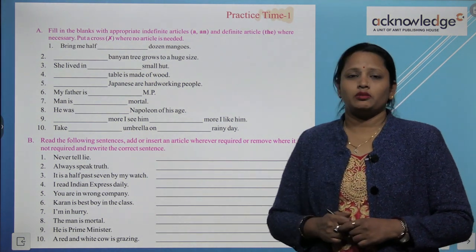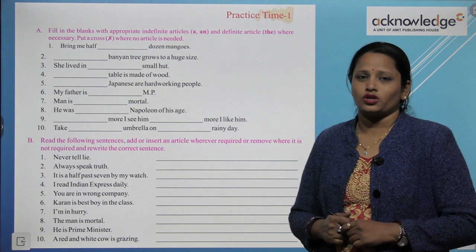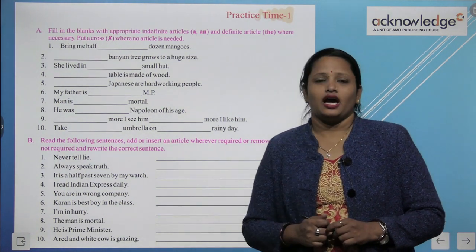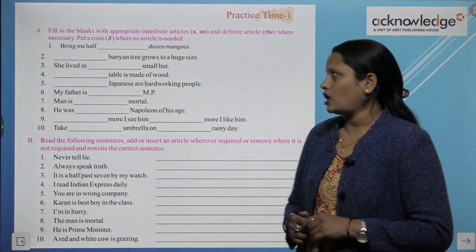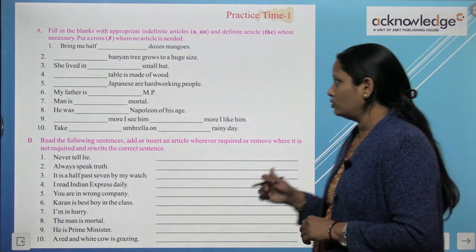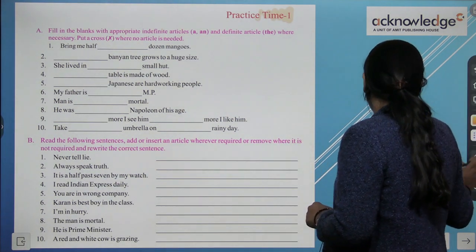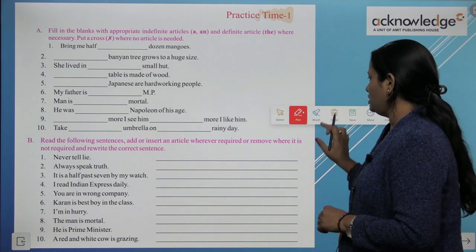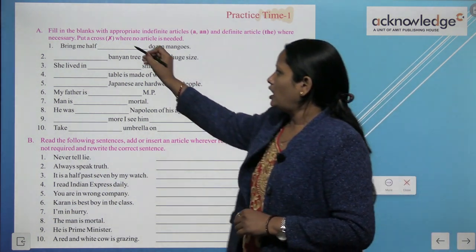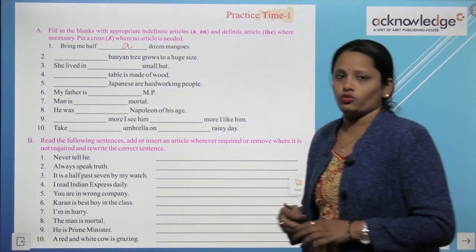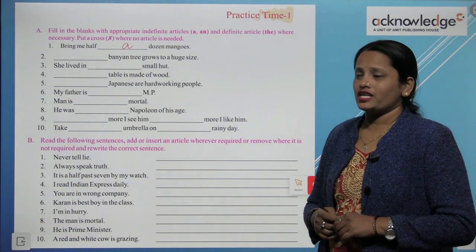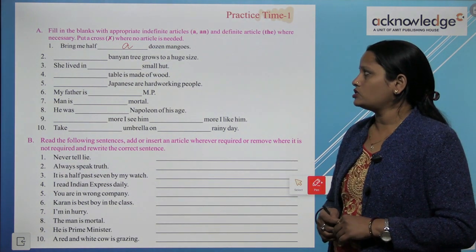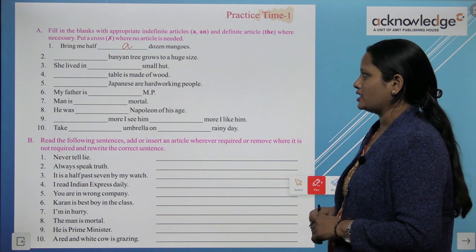So अब आप देखोगे जब हम dozen बोलते हैं तो ड का sound है, and ड is a consonant sound. So here we have to write down, bring me half a dozen mangoes.